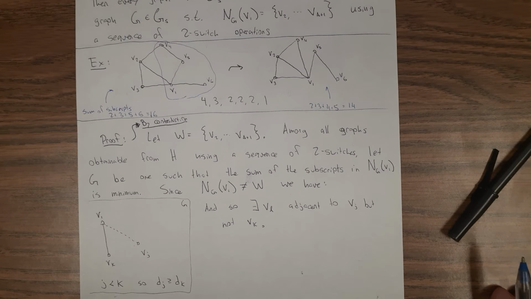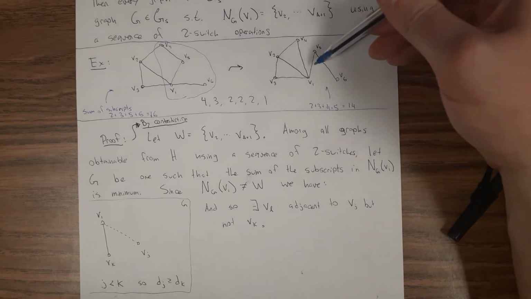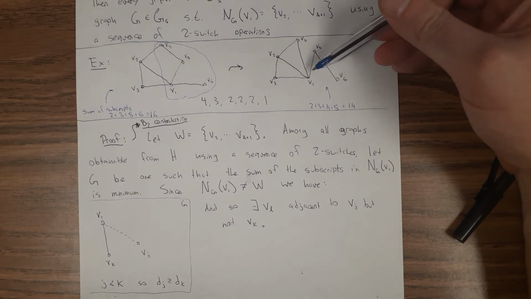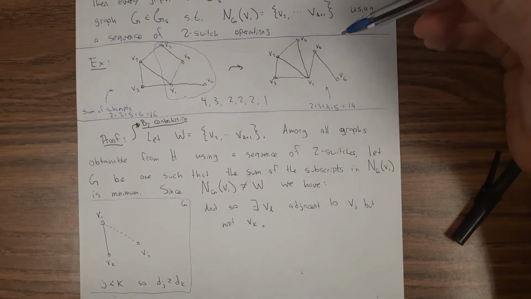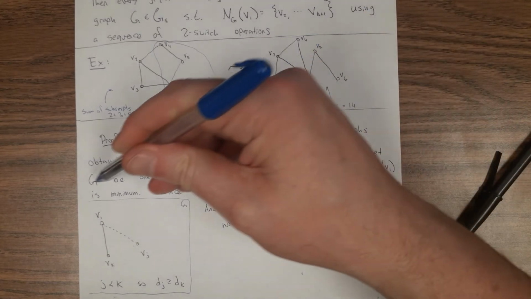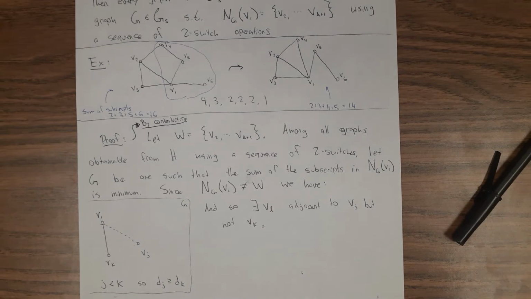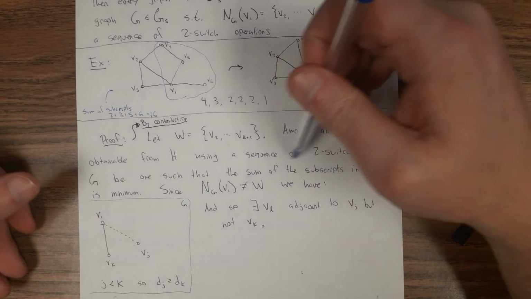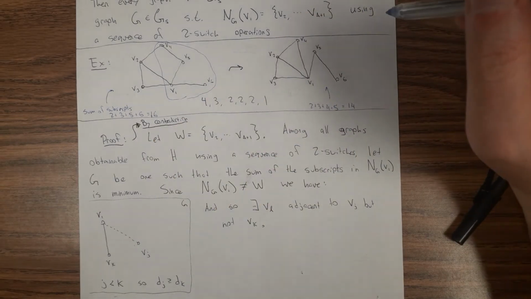And so the idea is that we would like the sum of the subscripts to be small. So we are choosing a graph that's obtainable from H such that the sum of the subscripts is a minimum.